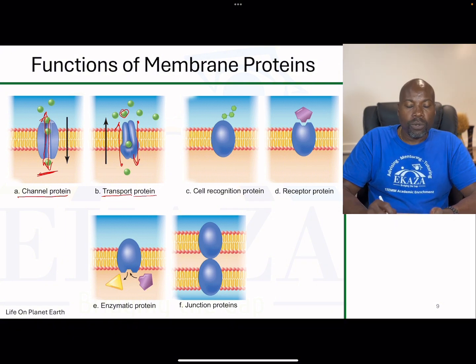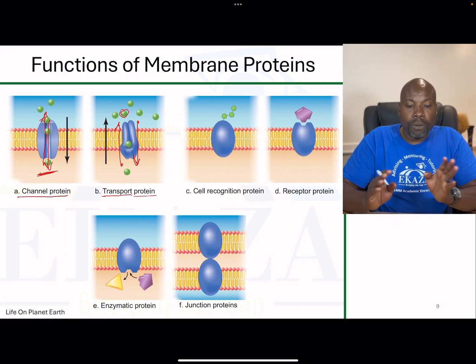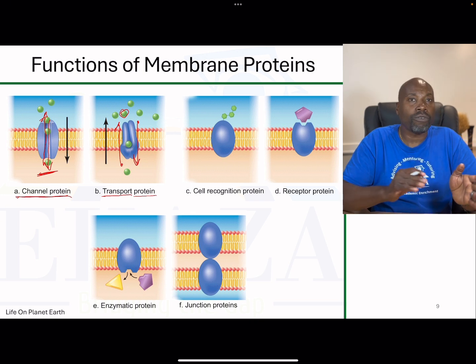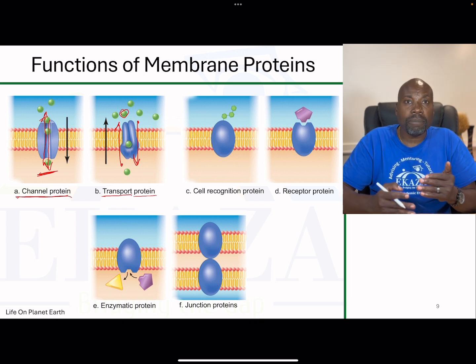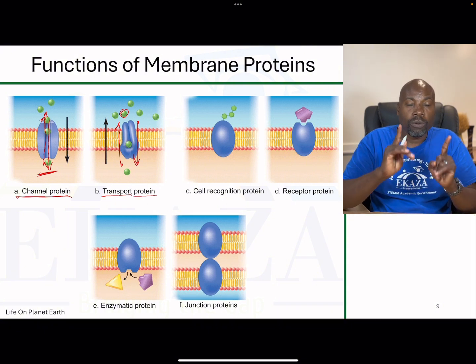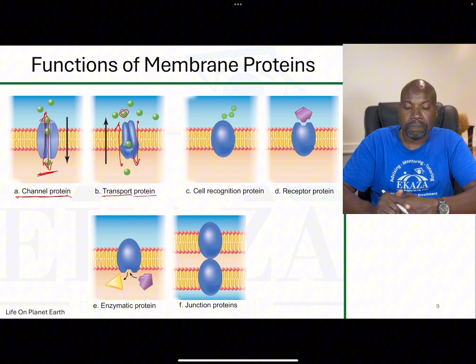Either way, these proteins are very selective, including also the channel proteins. They are very selective as to which chemical they are allowing in and which one they are allowing out. So remember that the channel and transport proteins are very selective as to what chemical they are carrying.